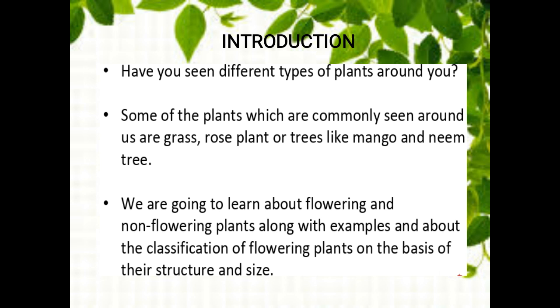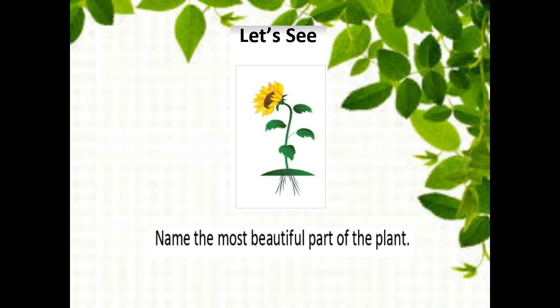So they may not produce any flower. Such types of plants are called non-flowering plants, right? Examples for those non-flowering plants might be fern and algae, right? So basically the plants get divided as flowering plants and non-flowering plants.